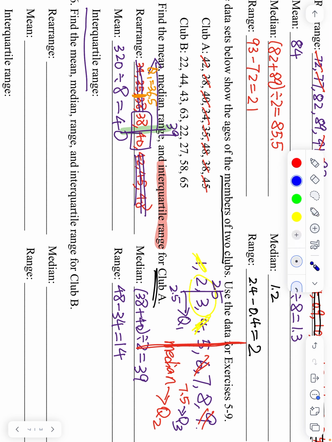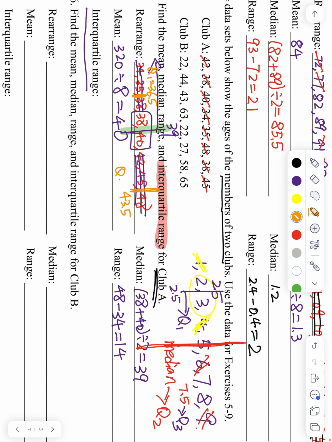Now let's figure out the higher part, this part. This part we cross out the last one and the first one, and we need to find the average of the 2 numbers in the middle. So 42 plus 45 equal to 87, then divide by 2, 43.5. So this is Q3, 43.5.